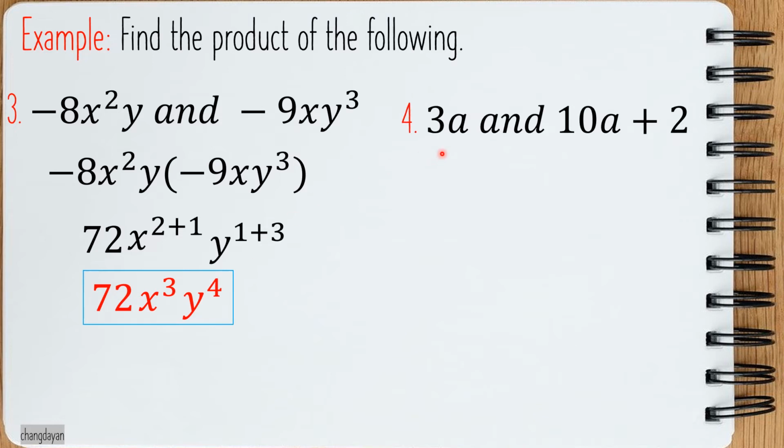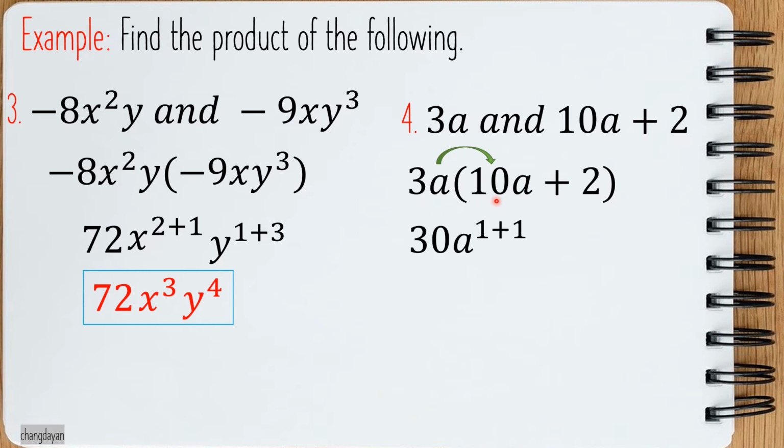Now let us have number 4. So you have here 3a and 10a plus 2. Just apply distributive property. So multiply natin 3a and 10a. That will give you 30a, may invisible exponent na 1 dito at invisible 1 exponent dito.